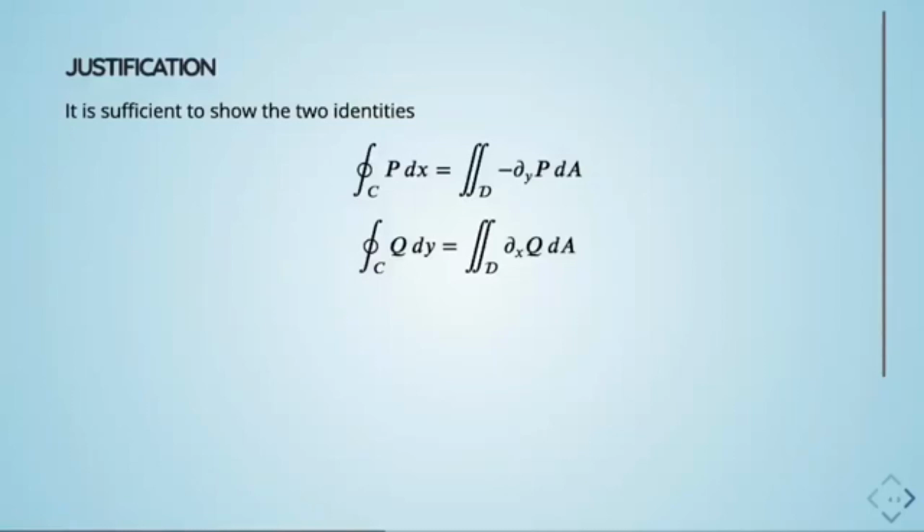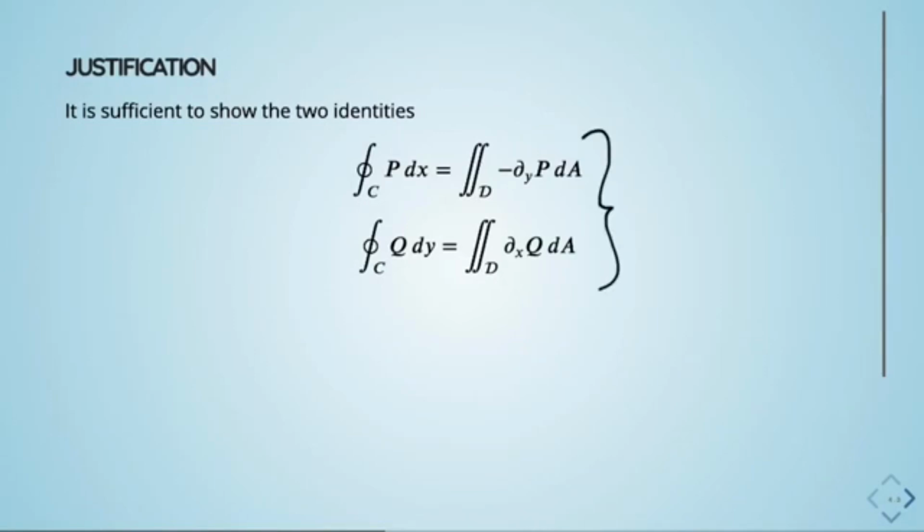So how do we know this theorem is true? Well, first of all, we're going to boil it down to a rather simpler case. And we should see that the theorem is equivalent to both of these equalities holding, really kind of like the P side and the Q side, if you will. These are equivalent to the statement of Green's theorem.